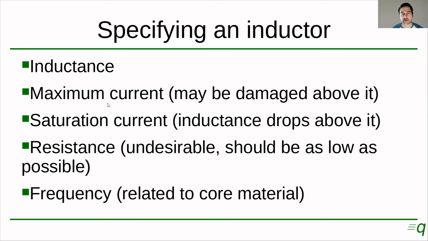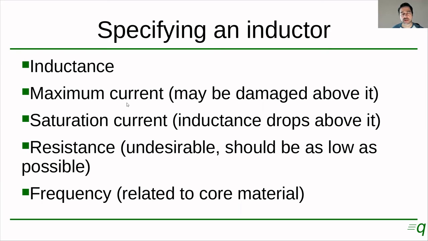So remember, it ends up being a wire, and if you make a very high current pass through that wire, you will damage the wire, or at least you will make that current produce some heat and damage the insulation in the wire. Okay, so exceeding that maximum current may damage the inductor.